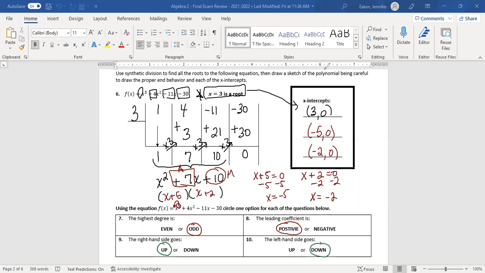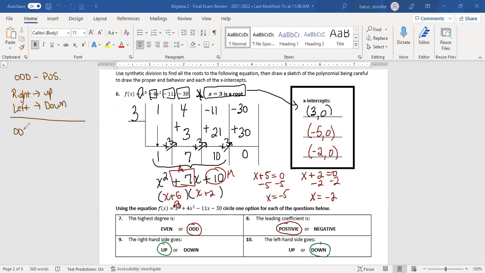Just off to the side here, I'm going to draw a little refresher for you all and hopefully remember. So if it's odd, we'll do the one we just did. If it's odd and positive, we know the right-hand side is going to go up and the left-hand side is going to go down.